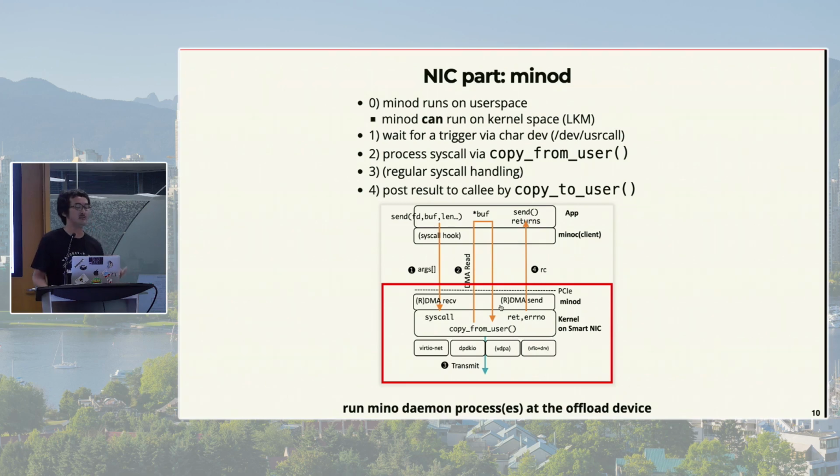Once the request is received, the daemon program processes the system call and copies the memory buffer with the copy_from_user function, as I mentioned before. After that, it goes through the regular path of system call handling within the NIC side, and posts the result back to the user space program by a copy_to_user function call.